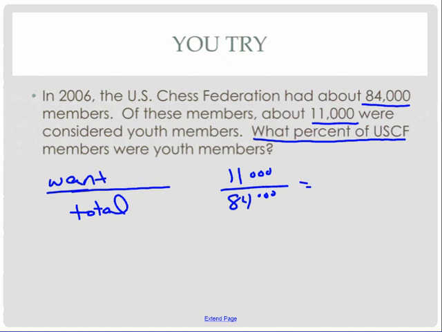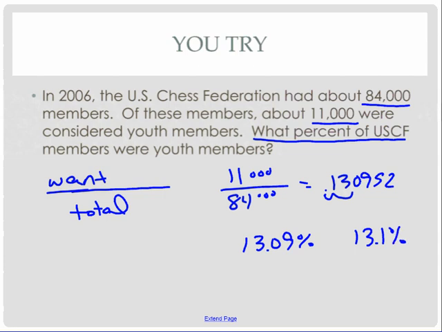When you do that, you get about 0.130952. But that's not super important to be that precise. So we'll move the decimal over 2 places, and I get 13.09. And that's fine. Let's call it 13.09%, or you could say 13.1%.